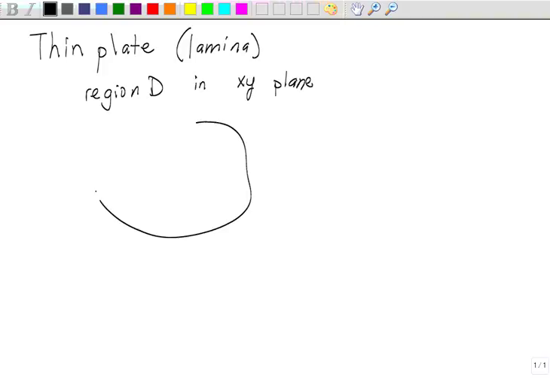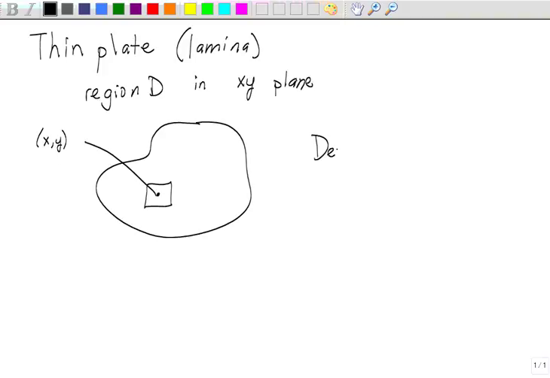So we have a thin plate in the XY plane, so it's laying flat, and we take this rectangle and a point in that rectangle, and we're going to divide that whole region into little rectangles. So that's really the point xi, yi in the rectangle I.